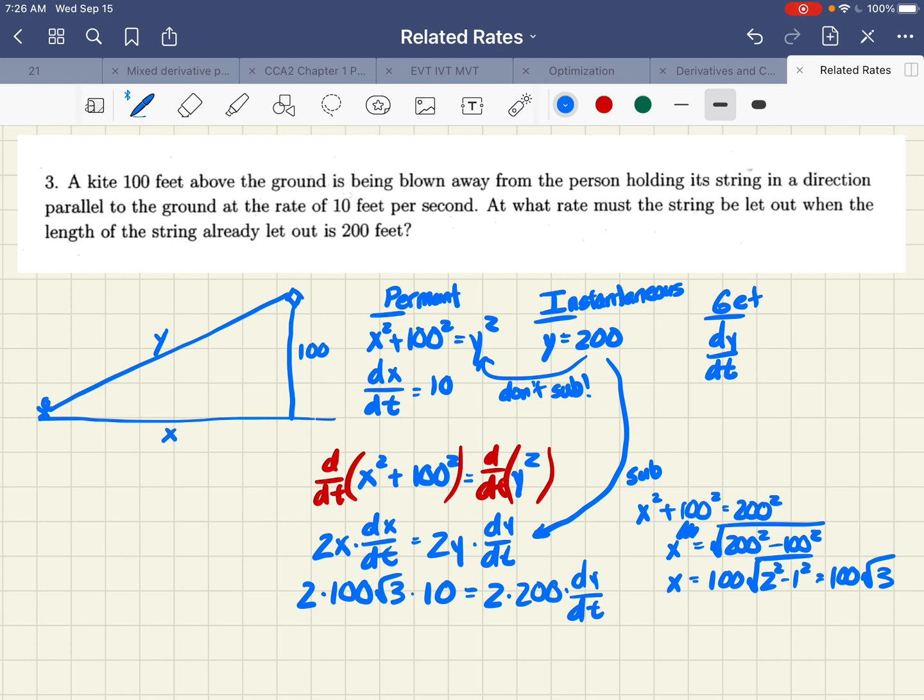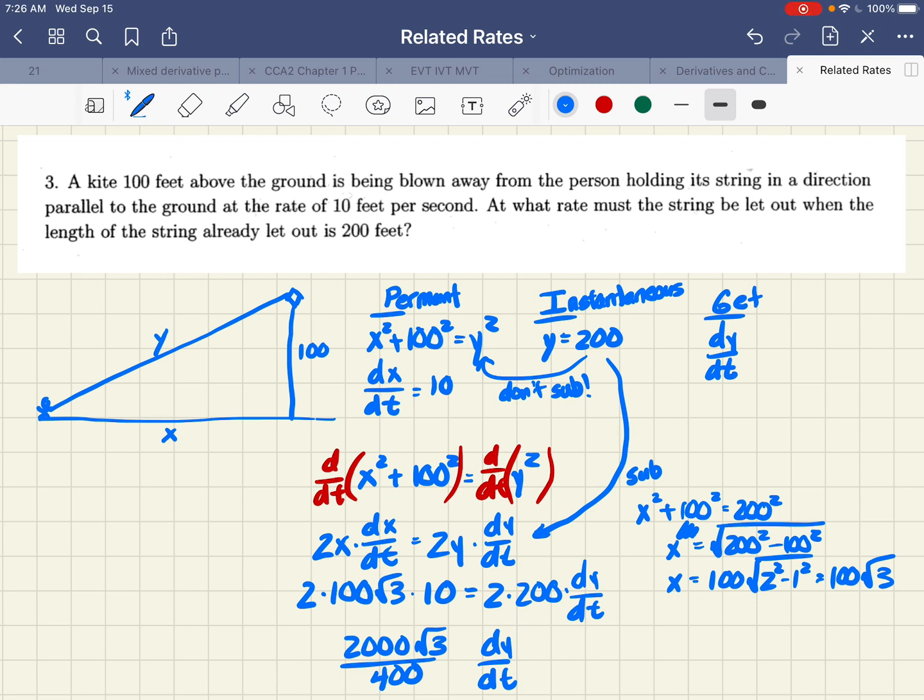So usually once you substitute, solving for what you want to get isn't too bad. So that would mean dy dt would be 2,000 root 3 over 400. Am I doing that right?